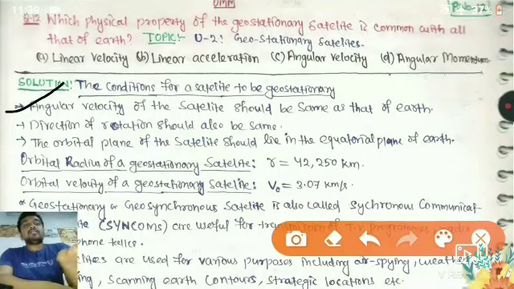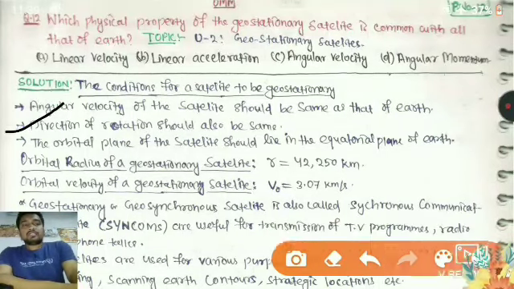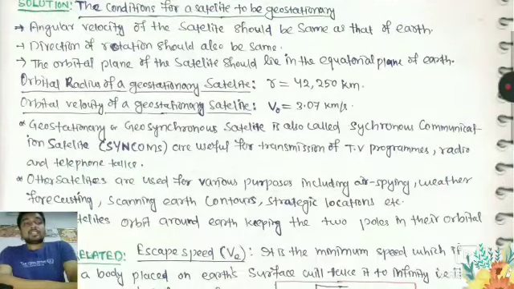First, angular velocity must be the same. The other two conditions are that the direction of rotation should also be the same, and the orbital plane of the satellite should lie in the equatorial plane. Okay, these are the two data.